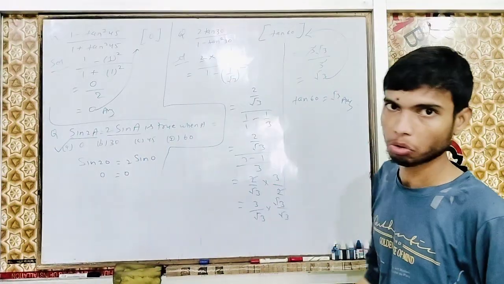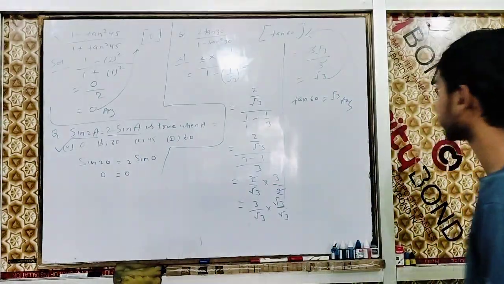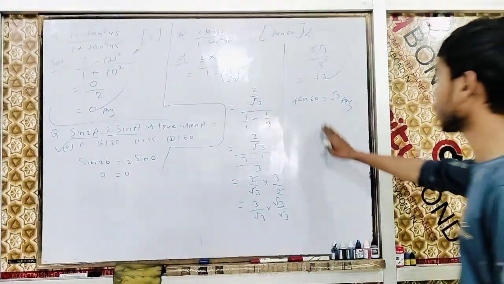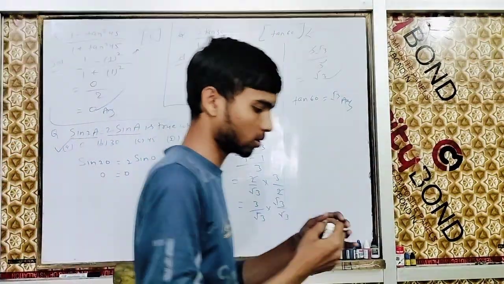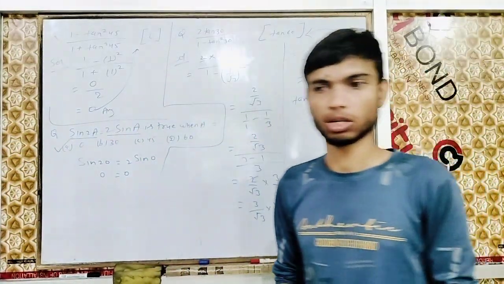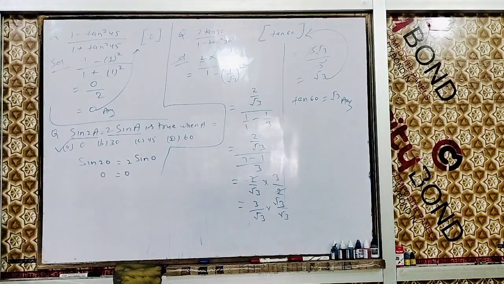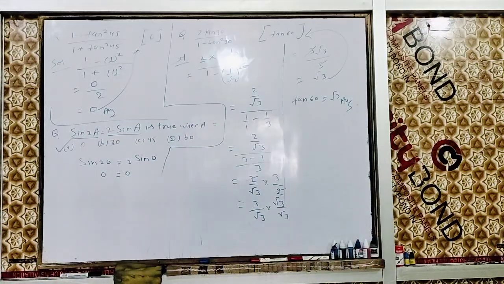If a root is coming in the denominator, then after rationalization you will get this value, and you have to understand that this value is equal to tan 60, and it is equal to cot 30. Now next question, let me write. I am giving you a few seconds so that you can see what happened.